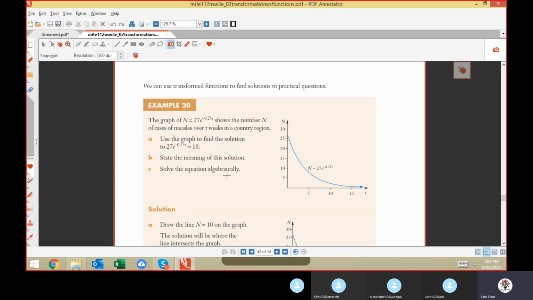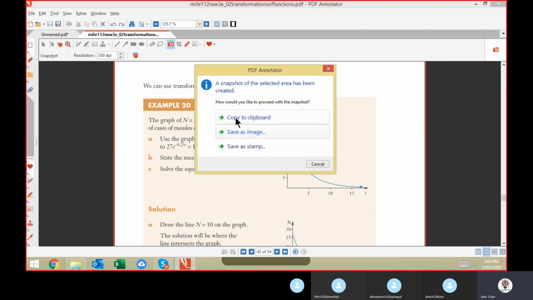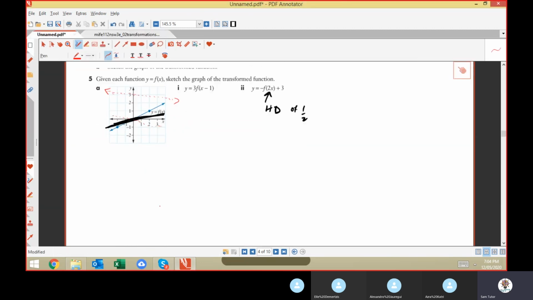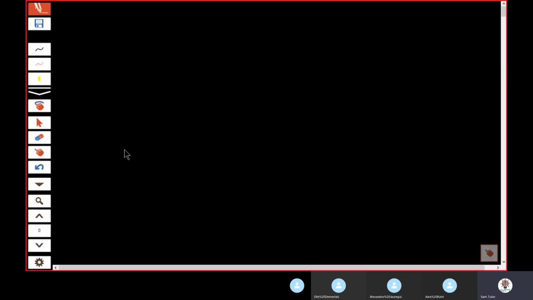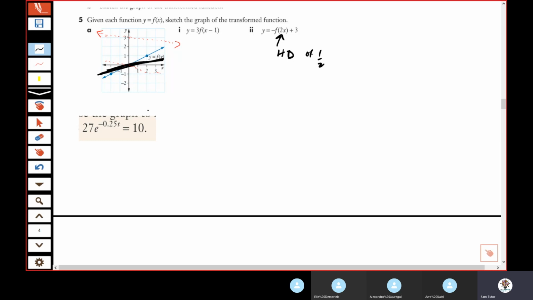Then solve it algebraically. How do we solve it algebraically? You're trying to solve for t. Actually, let's do that one, because I didn't teach you guys logs and exponentials in year 11. All right, we're trying to solve for t. Divide by 27.